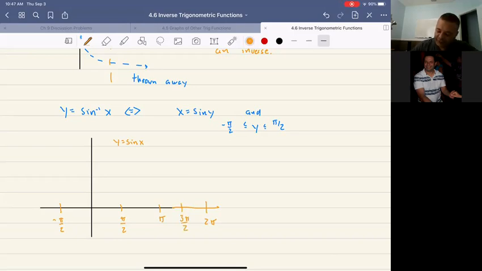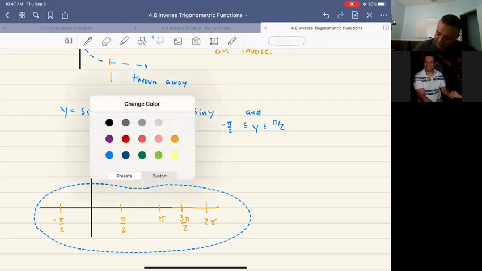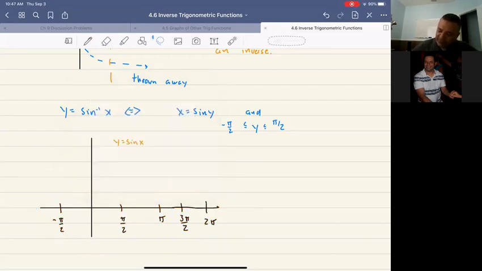Let me circle all this. Remember, sine starts at its middle and goes up, so our sine graph is going to look like so. Let me extend this here. So that's the sine graph.